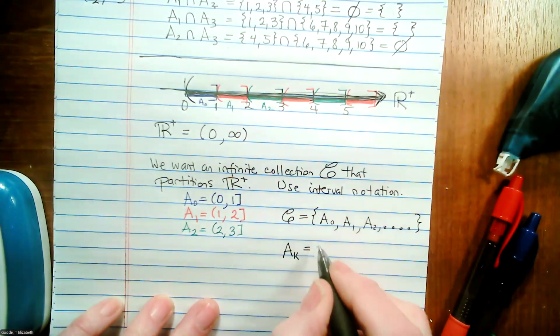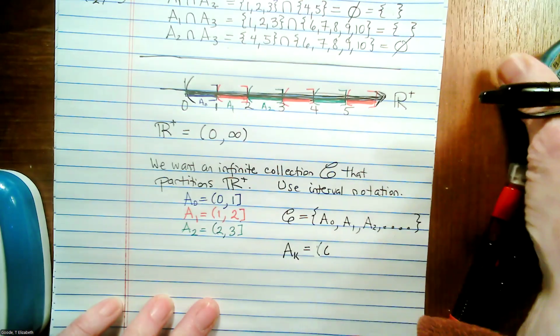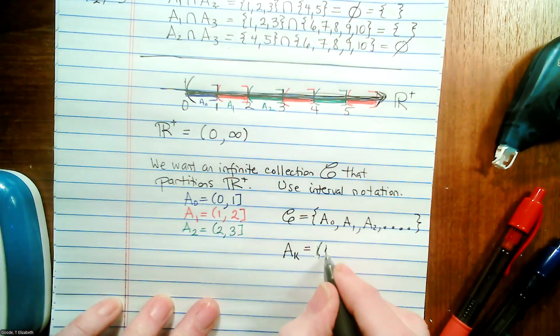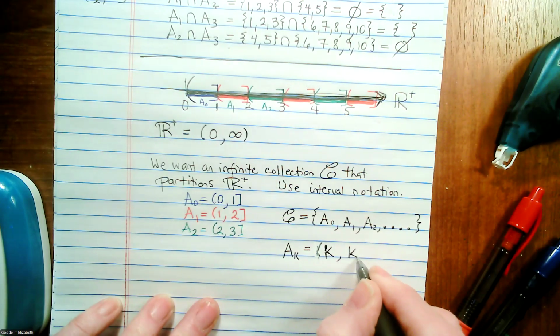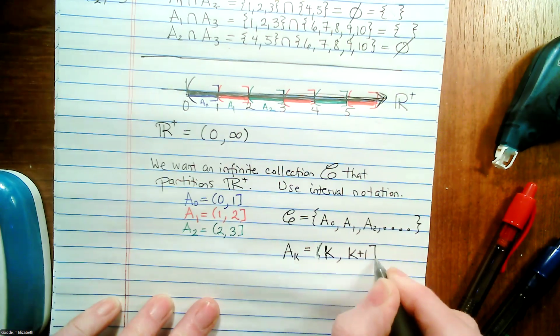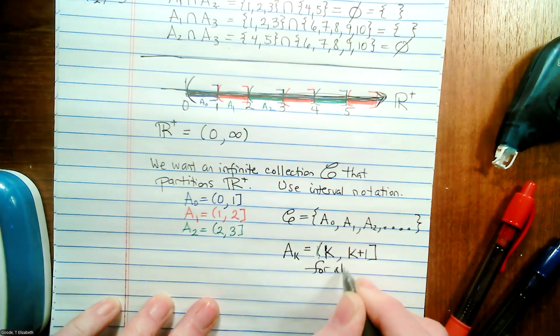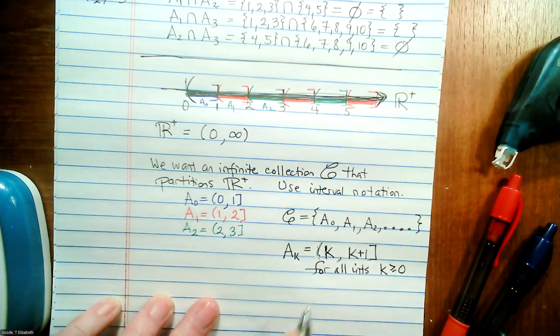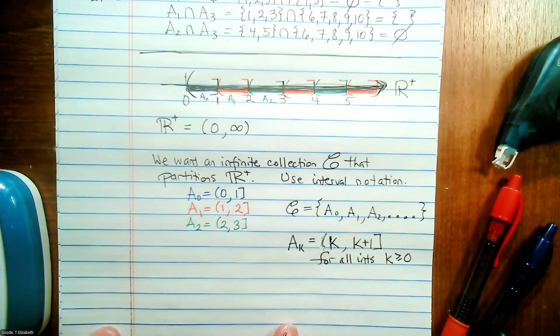I don't want to include the 0. Go from K to K plus 1. See how that works for different integer values of K? For all integers K greater than or equal to 0. So that works.